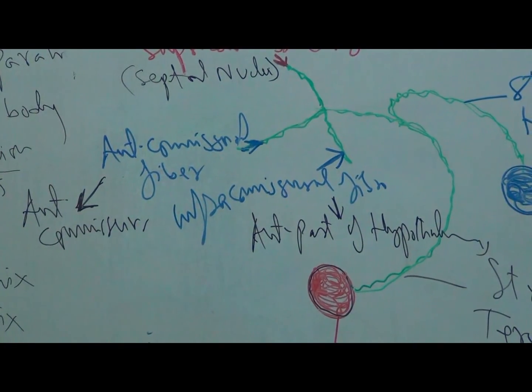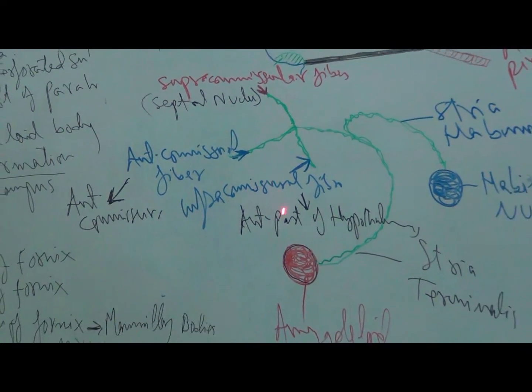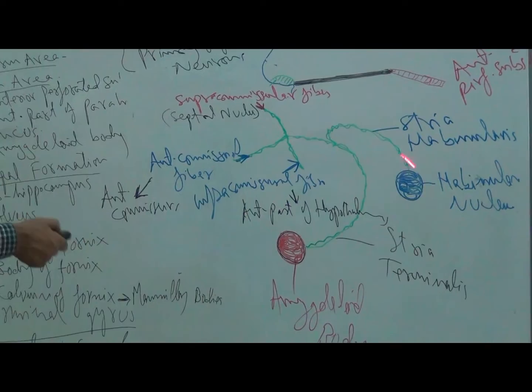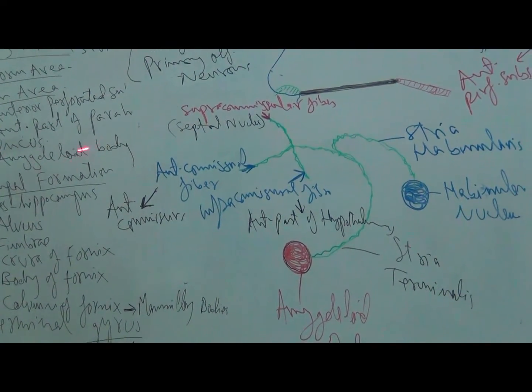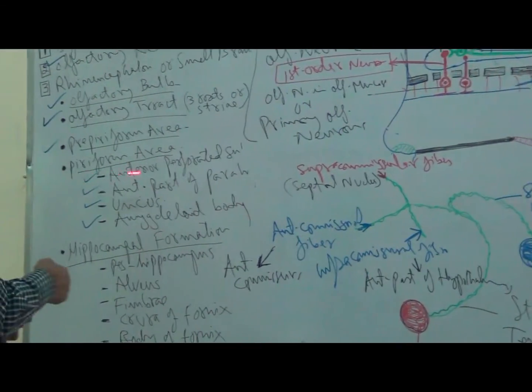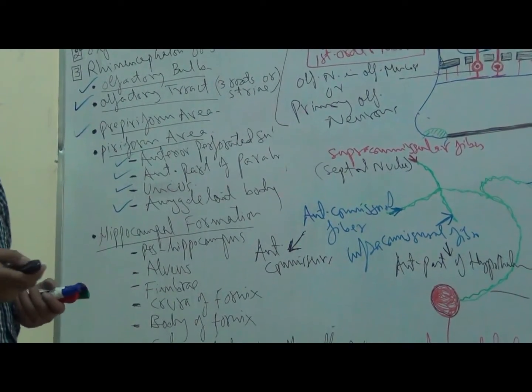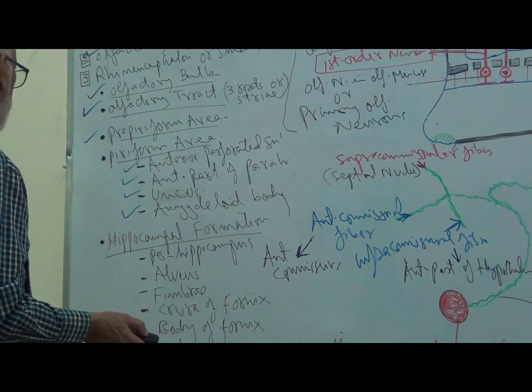So this was just a summary of the stria terminalis fibers arising from the amygdaloid body and their destinations. These were all parts of the piriform area, which is a major part of the rhinencephalon.